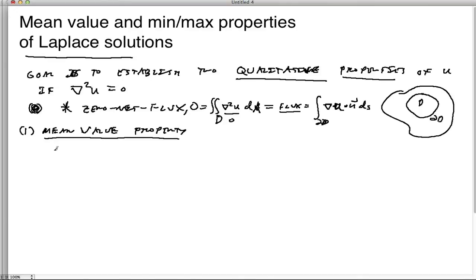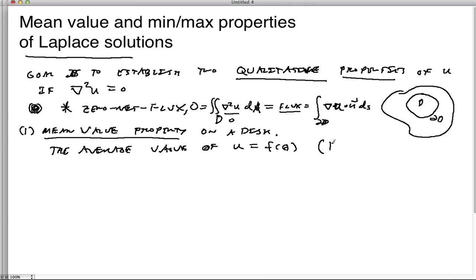So the mean value property states that on a disk, the average value of u, where on the disk we always set it equal to f of theta, some boundary condition, is equal to the value of u at the center of the disk.